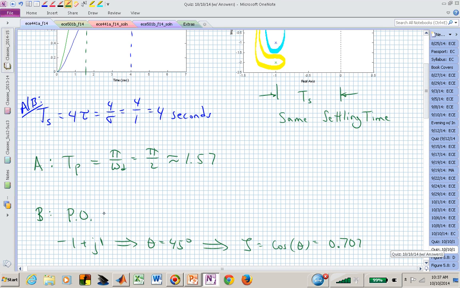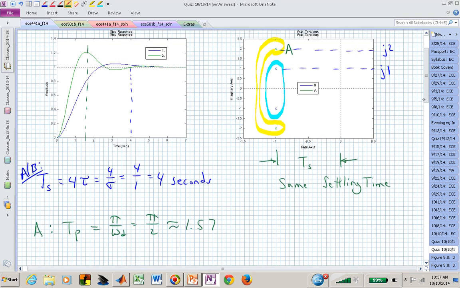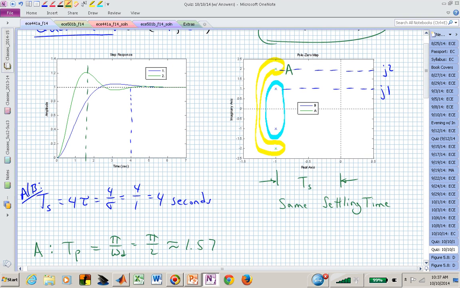So the percent overshoot for point B should be about 5%. If we go back to this diagram, we see that response number 2 has about a 20% overshoot, and time response 1 has a percent overshoot of about 5%.